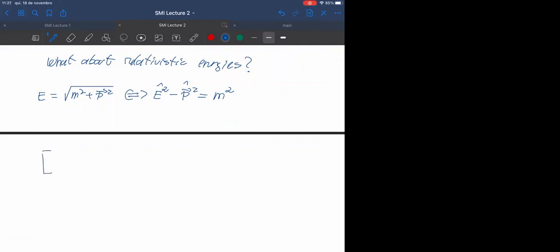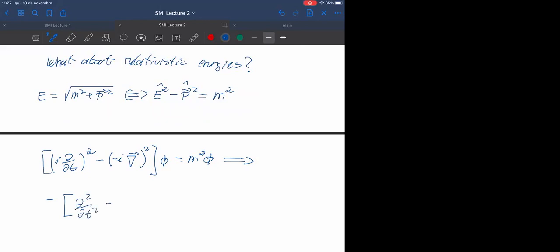You just have (i d/dt) squared minus (i gradient) squared, applied to phi, equals m squared phi. From where you obtain, you can put outside the minus sign, so we have the i squared here, and you can write d squared/dt squared minus gradient squared phi equal to m squared phi.